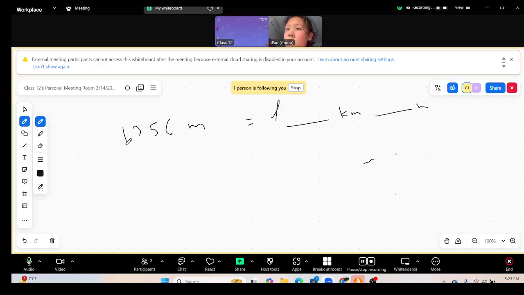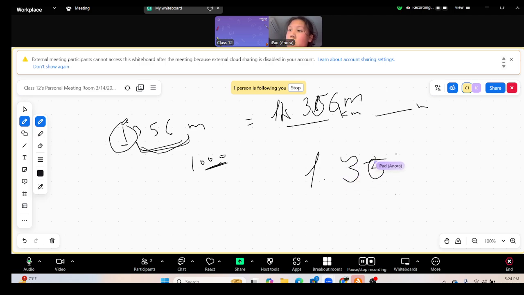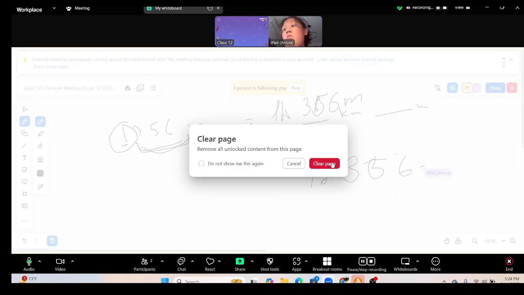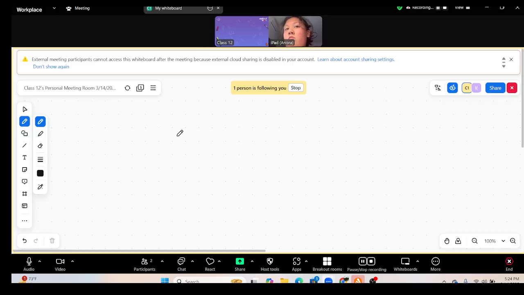Because we know it's 1000, so 1 kilometer and 356 meters. Very good. Because in 1000 there are three digits, right? So these three would be in meters and the first one would be kilometer. Exactly, exactly.